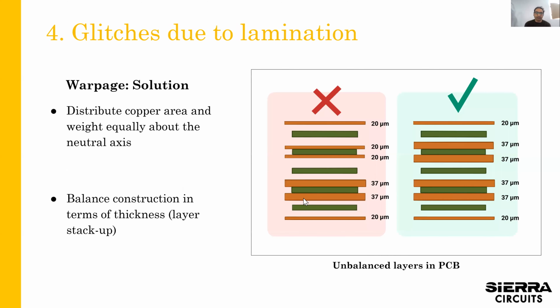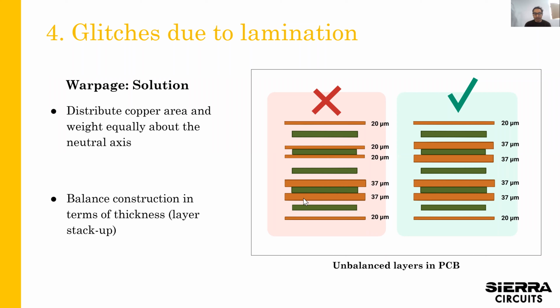If you don't do a balanced construction, you can end up with warpage, which basically means that you don't have a flat circuit board anymore to assemble onto, which makes it very difficult to assemble onto, and you can have defects in assembly. Or it may not fit in your connectors or slots. It's basically a mechanical issue at that point.